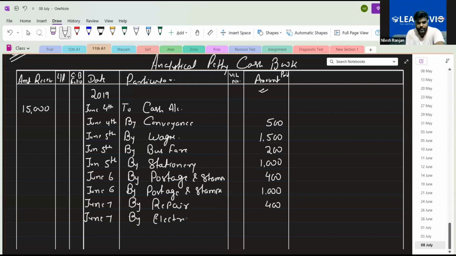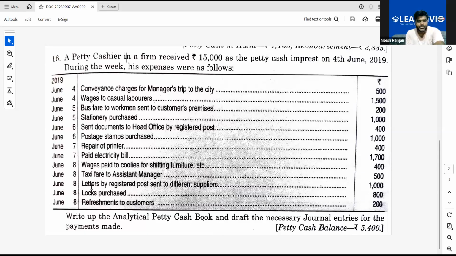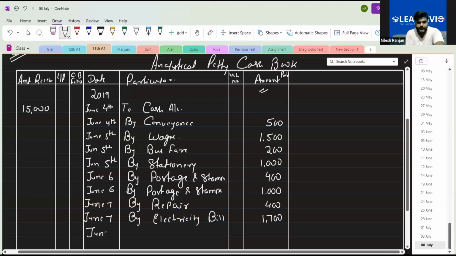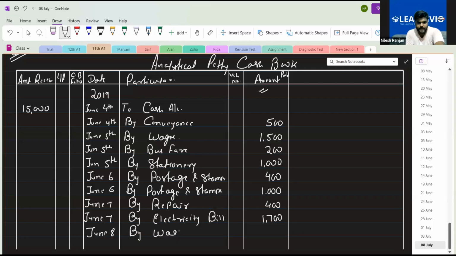By electricity bill 1700. Wages paid to coolie, June 8, 400. By wages 400.